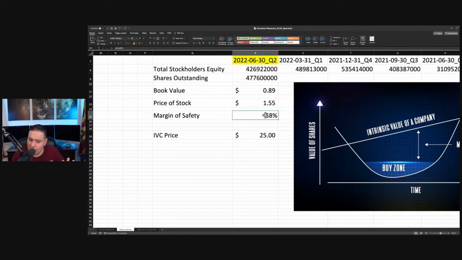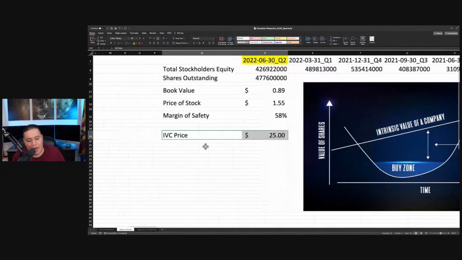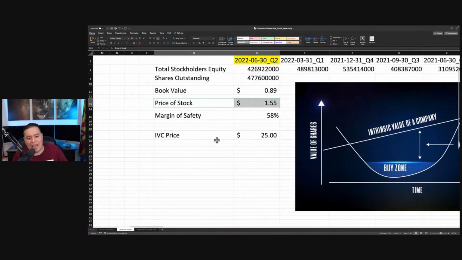Now, normally, you can take the intrinsic value price, which is here, and divide it by the current price of the stock. Just like how we took the book value, the top number, and divided it by this.